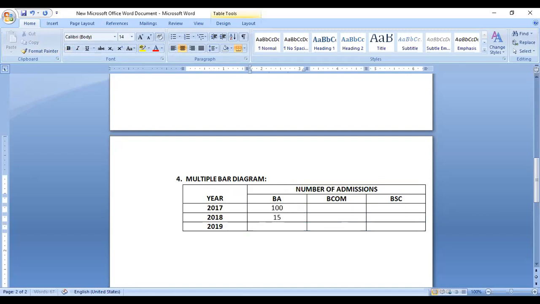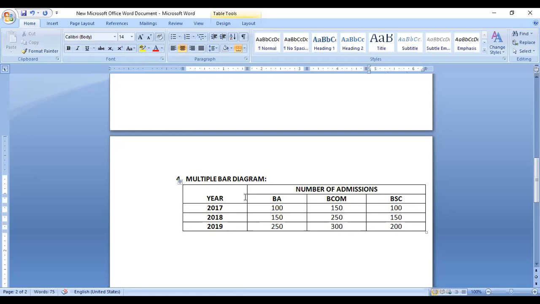This year 150, next year 250. Let us take for example BCom admissions 150, 250 and 300, and BSc 100, 150, 200.